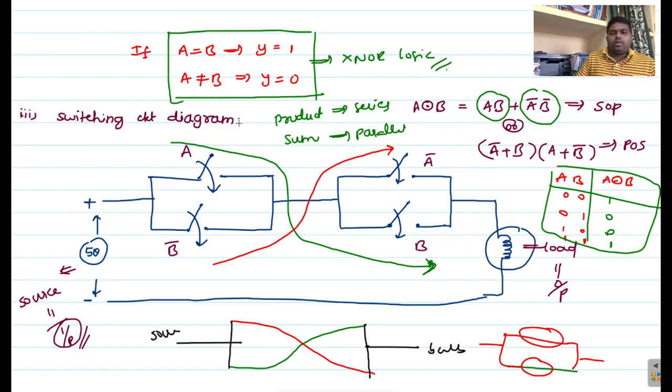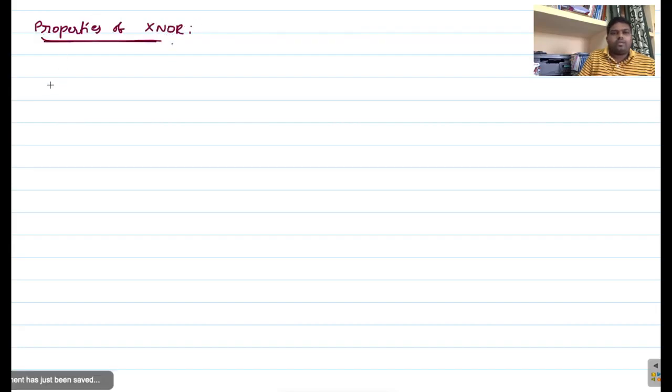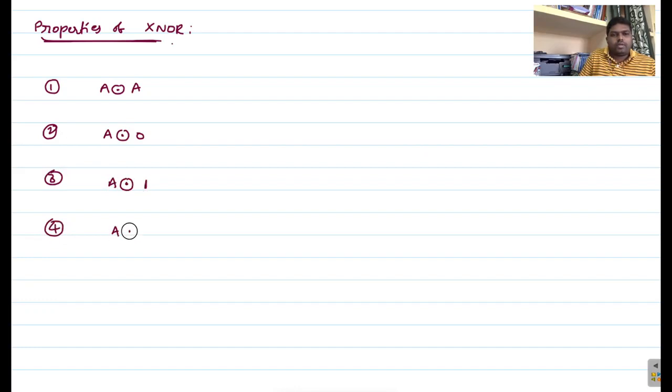Now, properties of XNOR gate. The first property is A XNOR A, the second property is A XNOR 0, the third property is A XNOR 1, and the fourth property is A XNOR A bar.